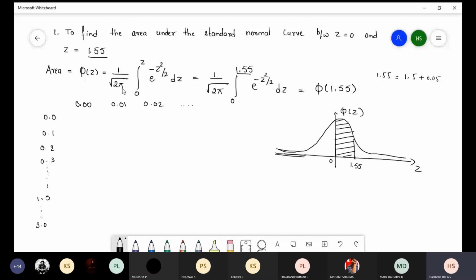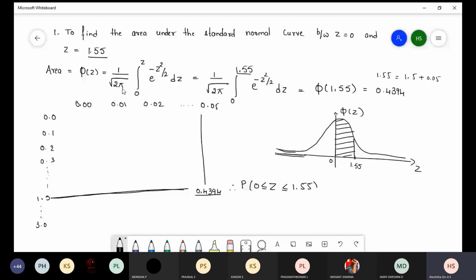The value is 0.4394. According to the probability of the normal distribution, we can write therefore P of 0 less than or equal to z less than or equal to 1.55 is equal to phi of 1.55, which is equal to 0.4394.